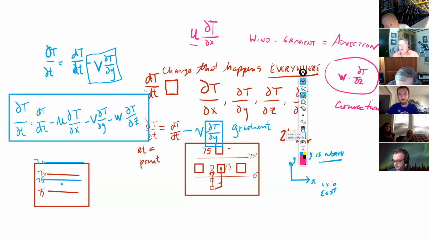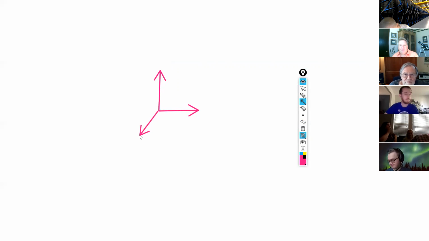Okay, so here's what I'm going to do. That was a lot of work that we did on this one page. So I'm going to erase that and go to arrows. Do you understand? I have a three-dimensional coordinate system, in this case X, Y, Z: zonal, meridional, vertical.